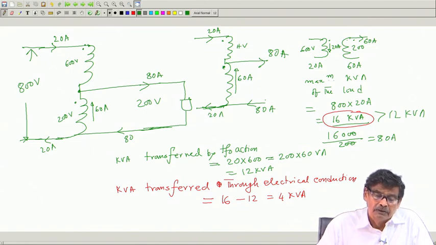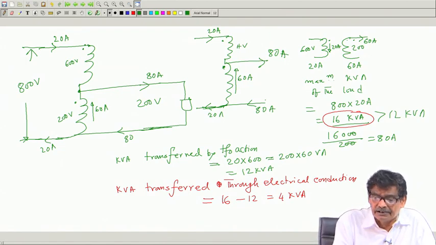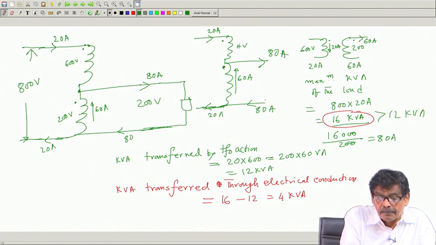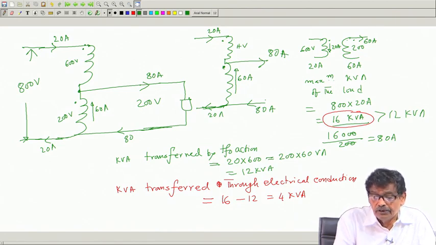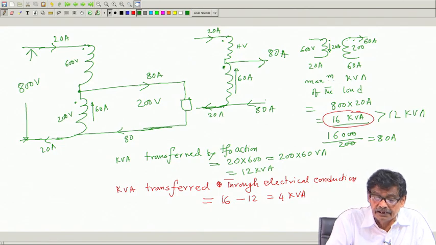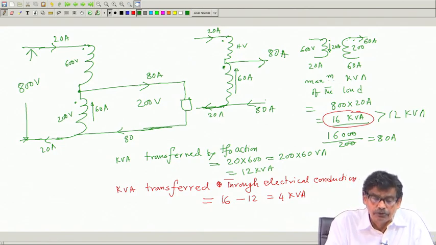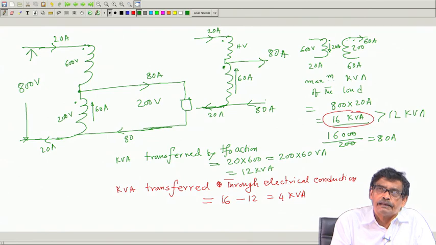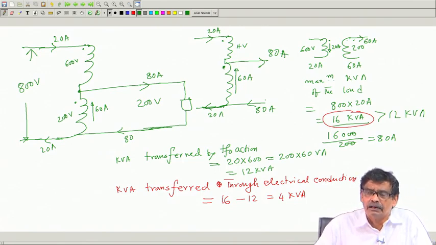And we also told that this is possible in this mode of connection because power will be transferred from a source to the load side by two actions. One is just by transformer action, another is by electrical conduction. It is very easy to calculate how much is transferred by transformer action, and from the total kVA I will subtract that to figure out how much is conducted by conduction.